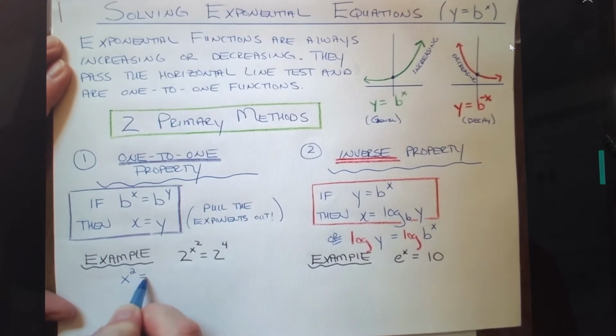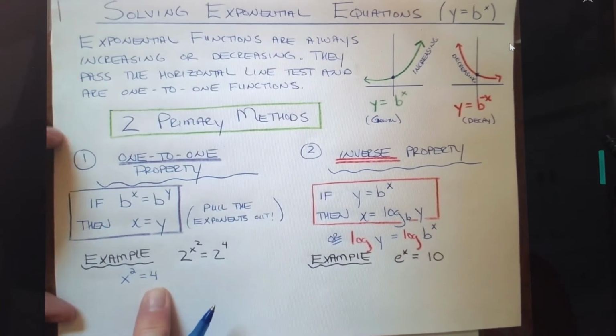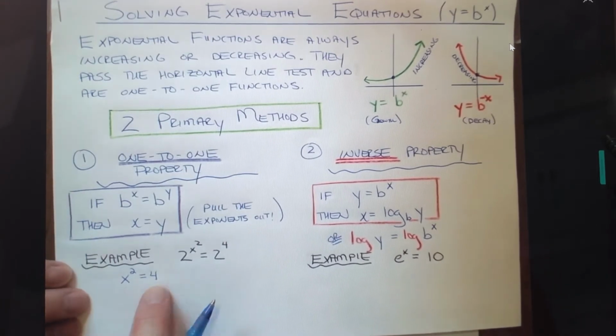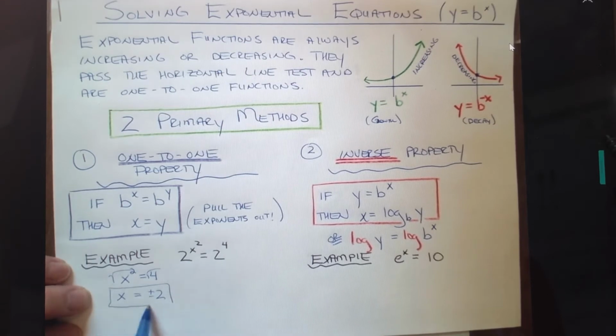So I'm going to write x squared equals 4. So now I have an algebra problem that I should know how to solve. In this case, since x is squared, I'm going to just square root both sides. Square root of x squared equals x equals, and the square root of 4, that is plus or minus 2. And so this would be the solution to that exponential.